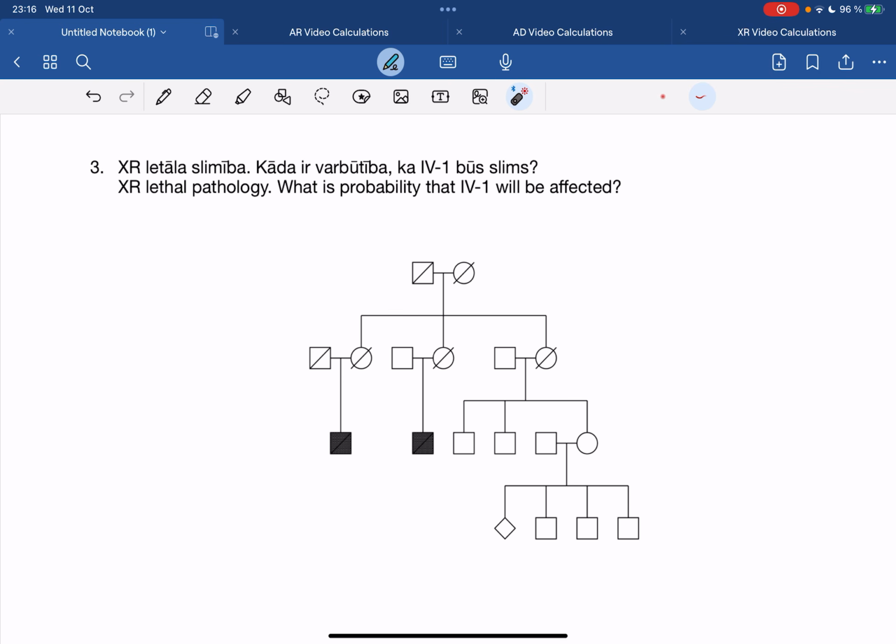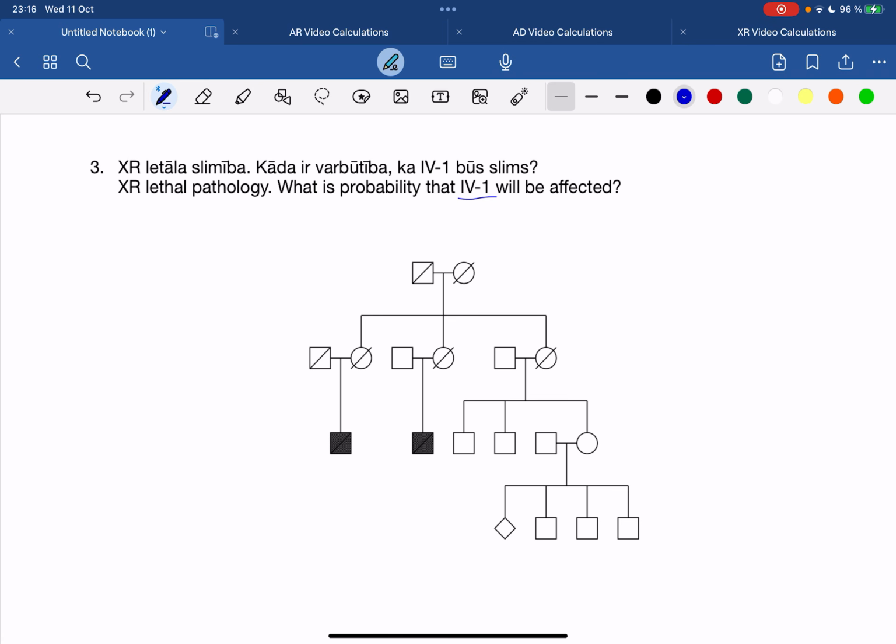So if we go back here, we do know that it is lethal, but we have two males affected. That's why this will not be Haldane's law. We're not dealing with it right now. Instead, it's a normal XR pathology with normal XR pathology rules.